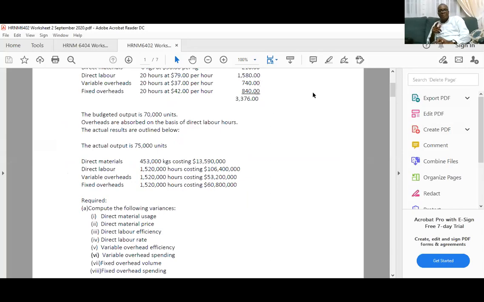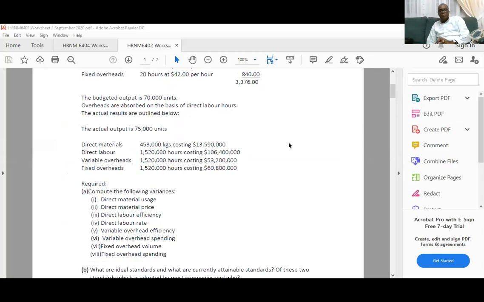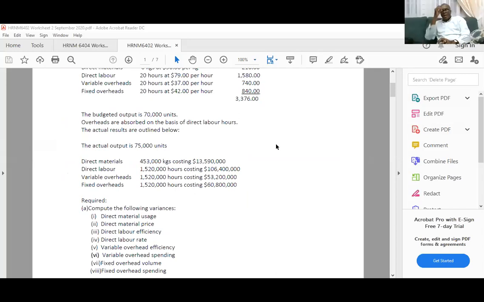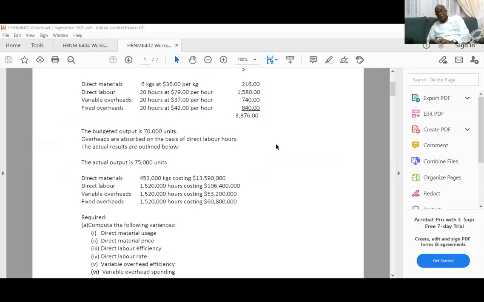Notice 20. And notice that variable overheads and fixed overheads, they have the same hours that labor has at the top, which is 20. And when we go below, the labor hours is 1,520,000. And that is also the labor hours for variable overheads and fixed overheads.